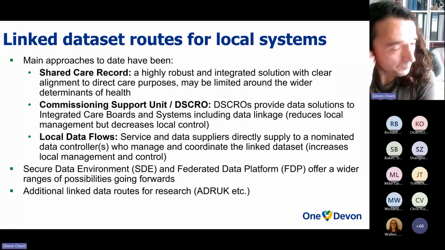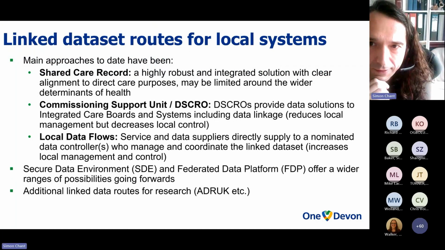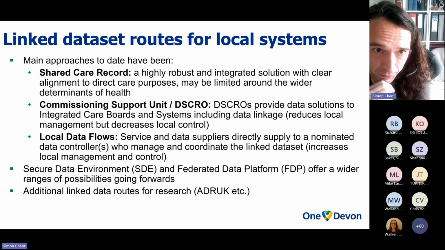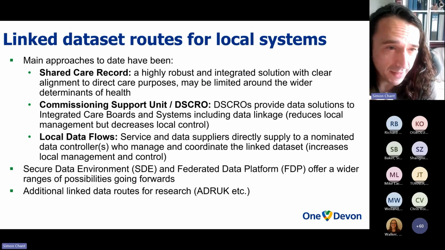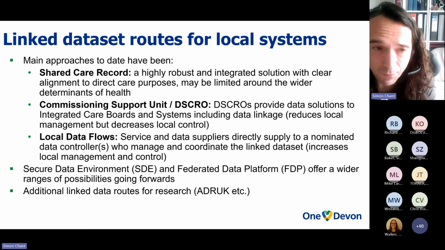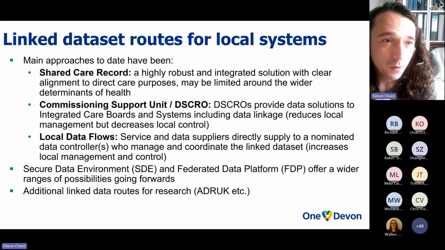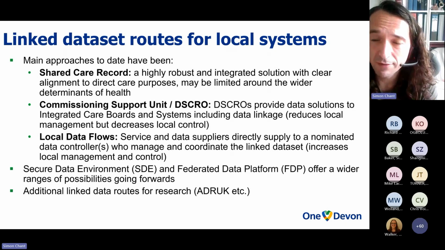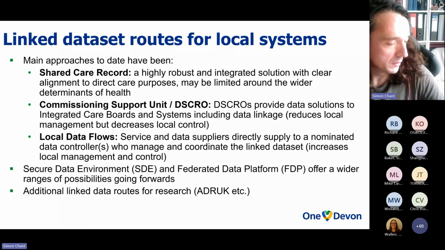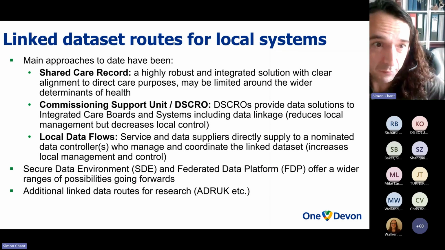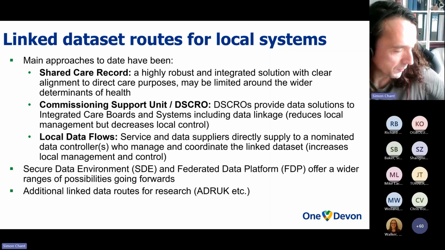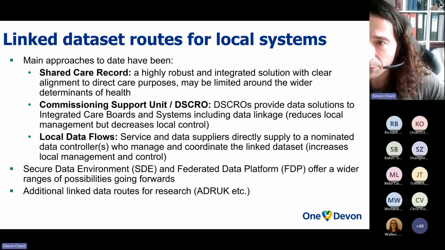Okay, so carrying on, there are various routes which local systems can follow to derive their own linked data sets, and I've got three of the main ones listed there. One is a shared care record, so where local systems have that in place, it can sometimes form the basis for linked data for population health management work.